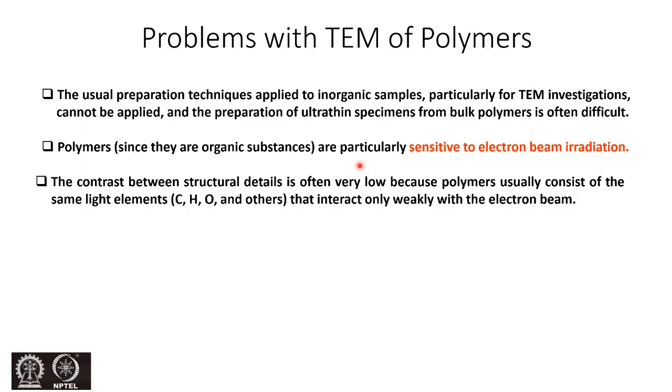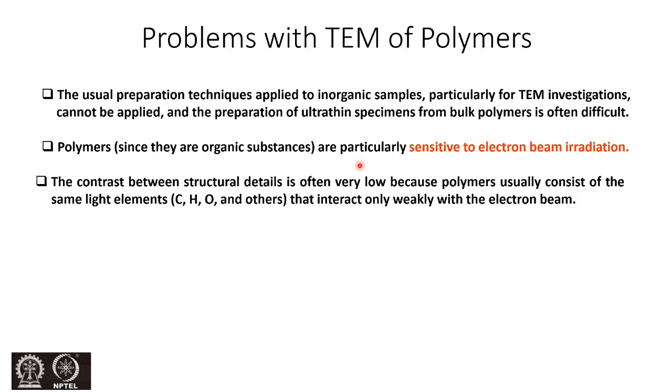Then problems with the TEM. For polymers, it is a little difficult because sample preparation is one of the major problems, because we need a very, very ultra thin specimen from the bulk polymer. Getting that kind of very thin specimen is a challenge. Then the polymers are very sensitive to electron beam radiation, and because of that, they can burn also.